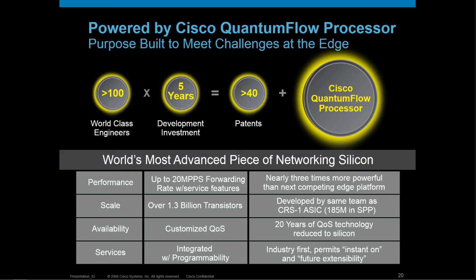With heavy engineers, part of the QFP, the QuantumFlow processor, on top of that, with the time investment and the patents, you actually end up with the CFP that does well. And you see that type of technology used in later routers.